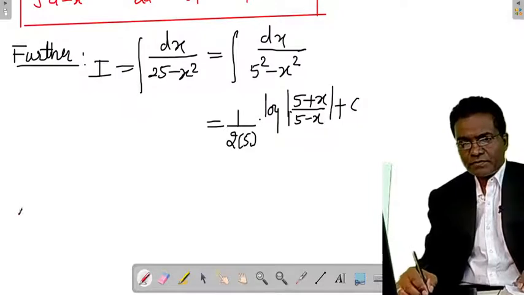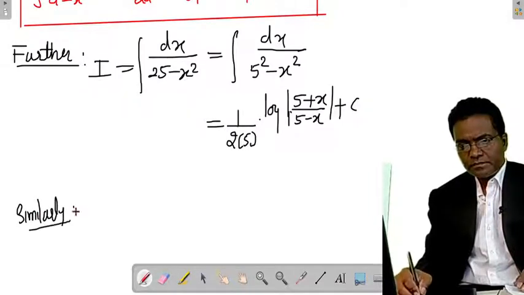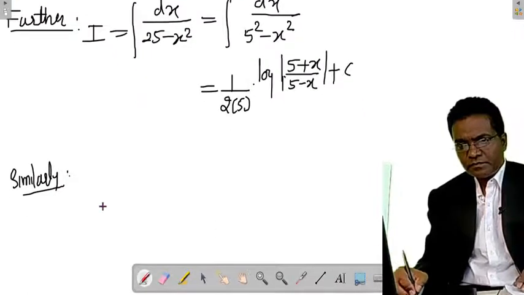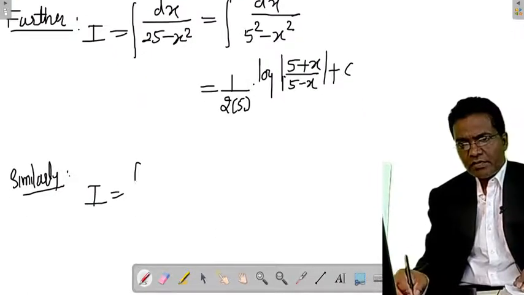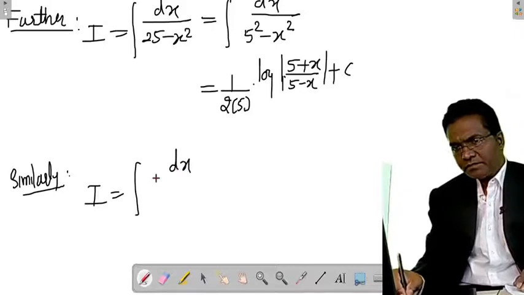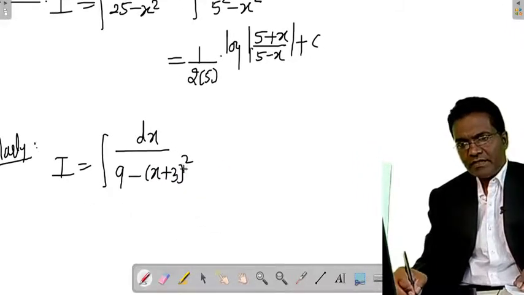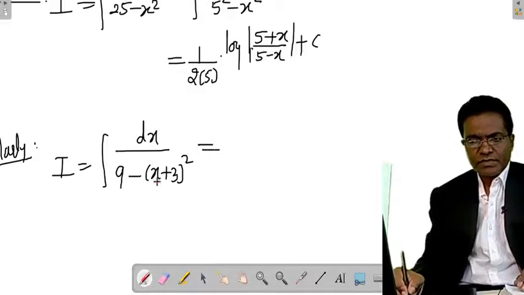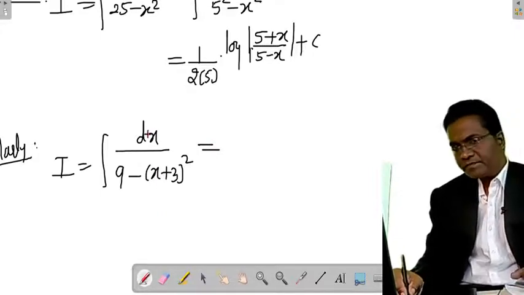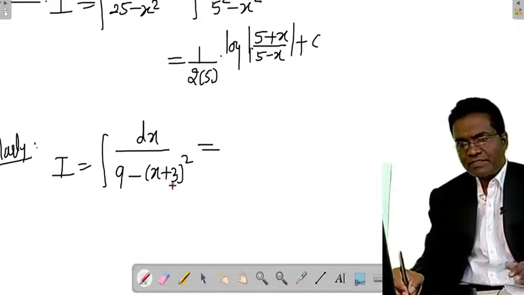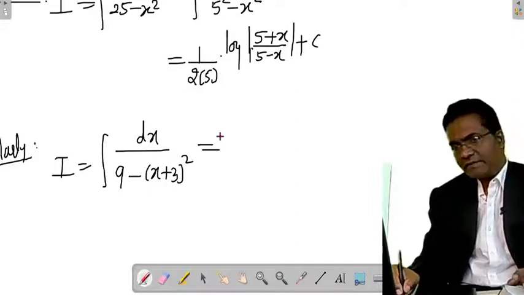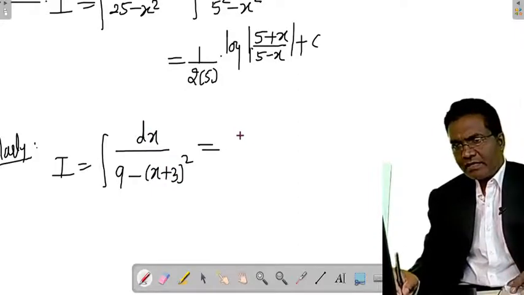Similarly, suppose you get dx by 9 minus x plus 3 whole square. In this case also, the derivative of x plus 3 is 1. So if you put x plus 3 equals t, dx will be dt.